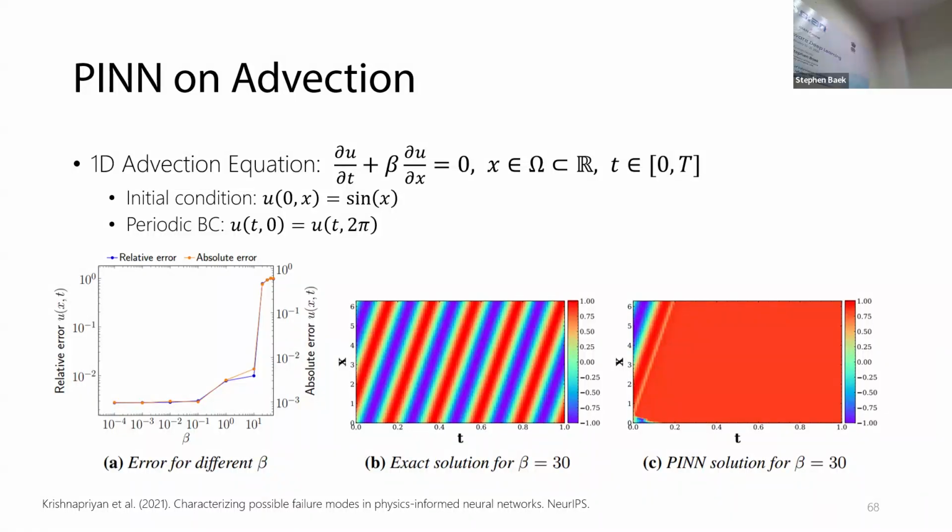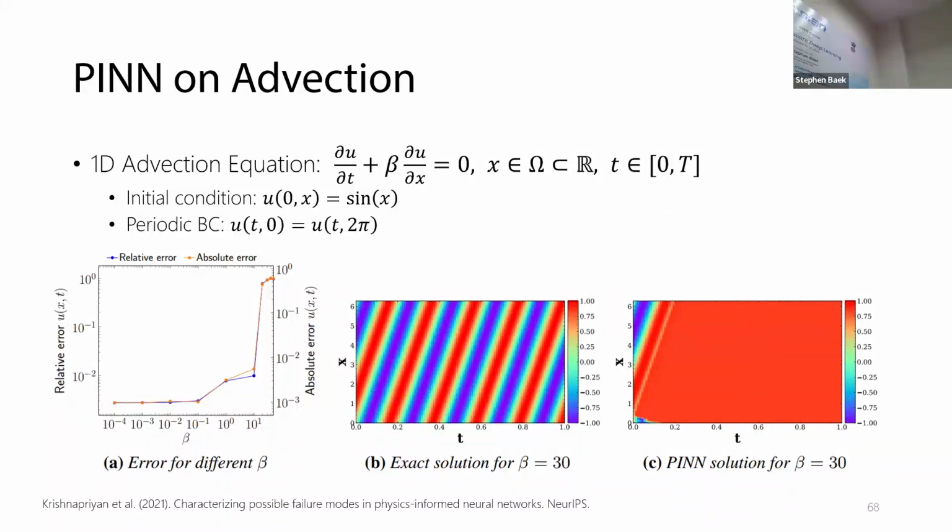So when beta is large, obviously the stripe pattern is going to be steeper, right? When beta is small, the translation will happen more gradually like this. Now, with that in mind, look at the PINN solution for beta equals 30.